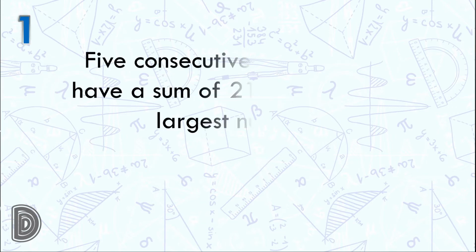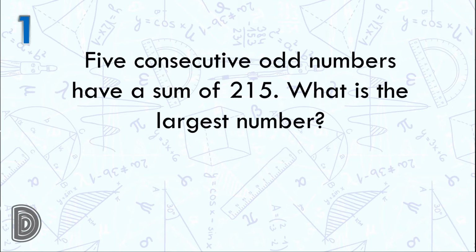Question number 1. 5 consecutive odd numbers have a sum of 215. What is the largest number? Again, 5 consecutive odd numbers have a sum of 215.